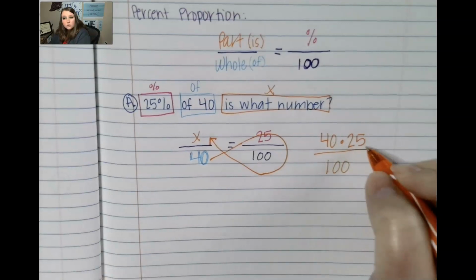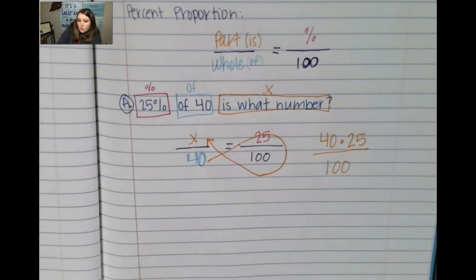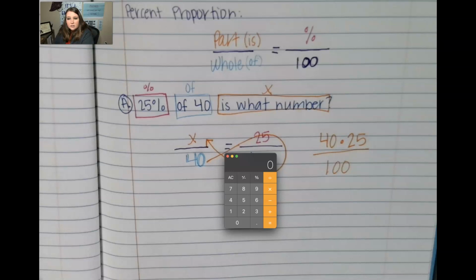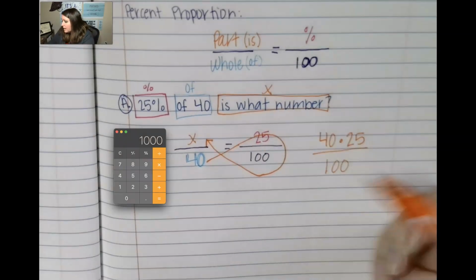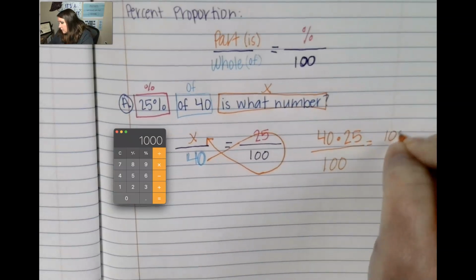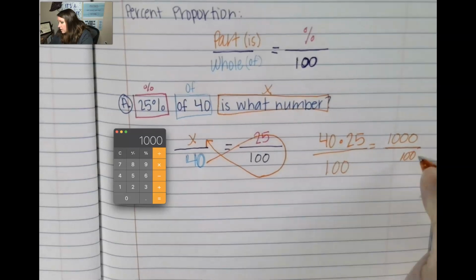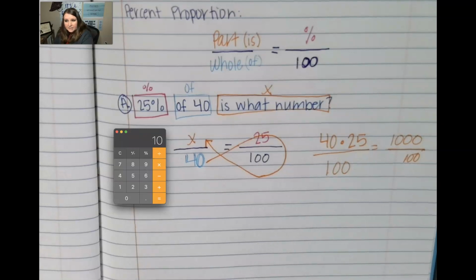So 40 times 25 divided by 100. And we're just going to pull up our handy dandy calculator and toss it in there and see what we get. So across from each other was 40 times 25. That gives us 1,000, over 100, or divided by 100, and that's 10.